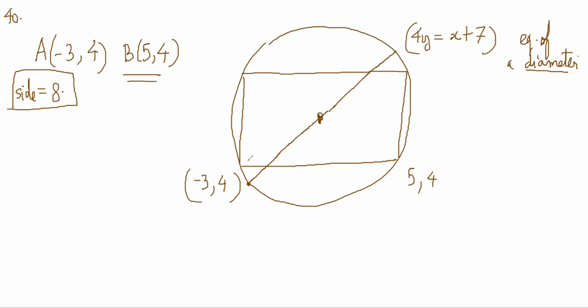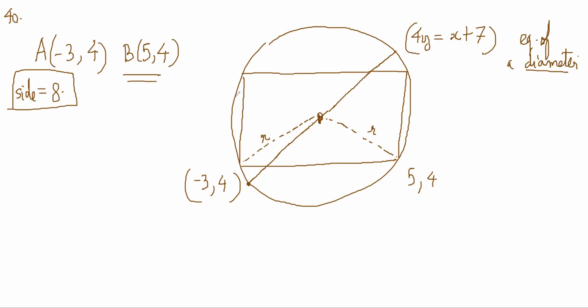So from the center, this point and this point are at equal distances, right? They are points on the circle, no? This is R, this is R. I have to find this length.